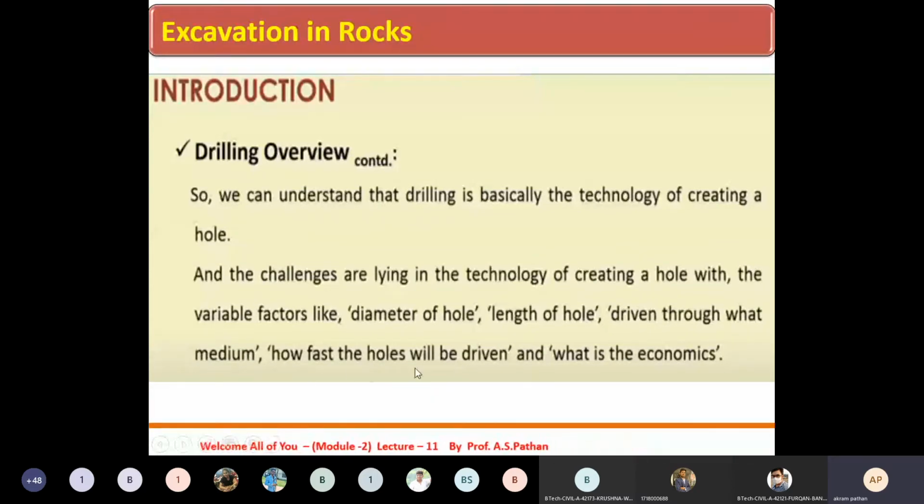Then how fast the hole will be driven. Then what is the economy? This is an important point: we should know the economy while creating a hole. So these are the variable factors which affect drilling technology.